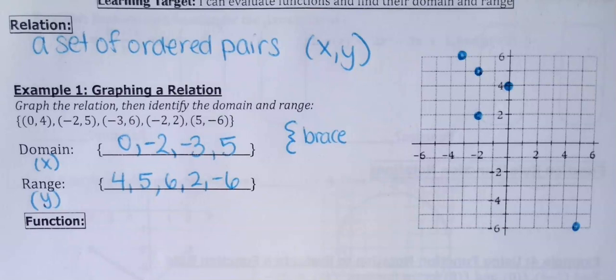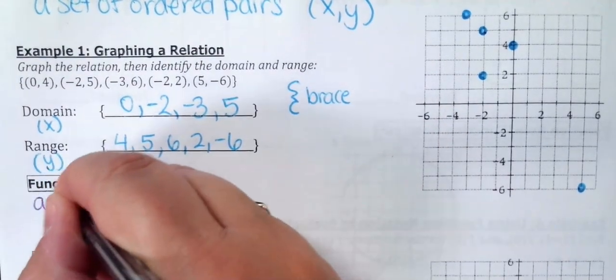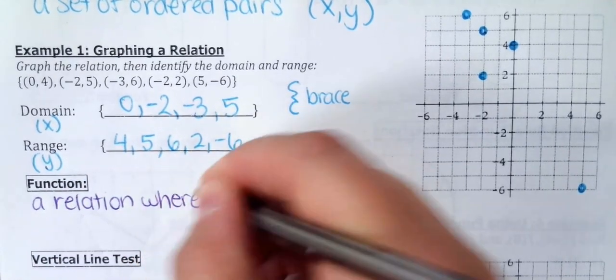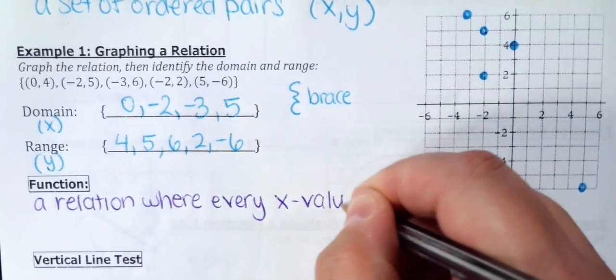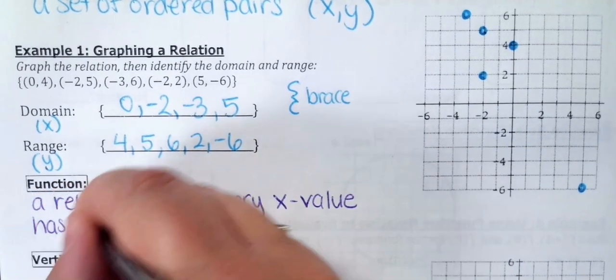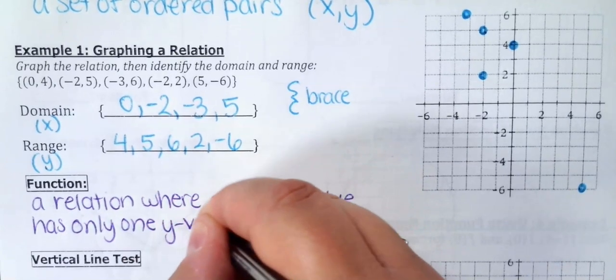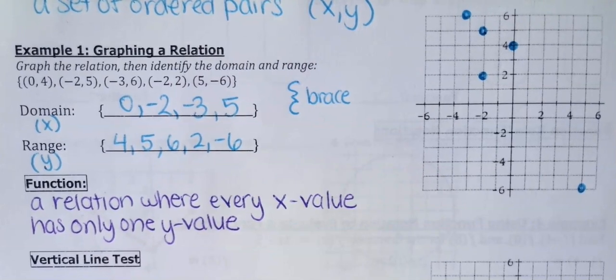Okay. Now, if you have a function, all right, a function is a relation, so a set of ordered pairs, where every x value has only one y value.